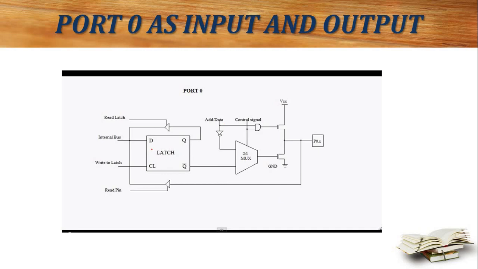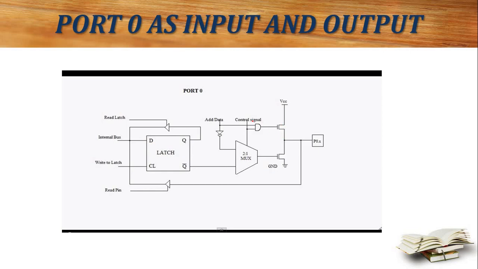The components present here are a D-latch with a clock, and a 2:1 multiplexer, that is, 2 inputs and 1 output. The 2 inputs come from Q bar of the D latch and from the other side. And we have 2 FETs, field effect transistors, T1 and T2.